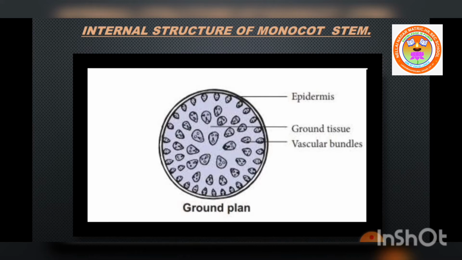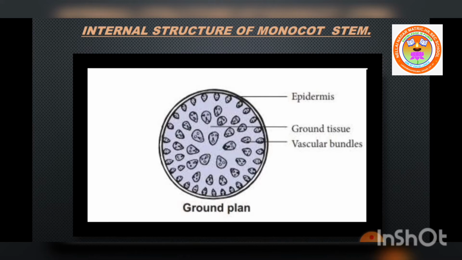So this is the ground plan of internal structure of monocot stem. Here we can see epidermis, outermost layer, then ground tissue and then vascular bundles. So monocot stem comprises three different types of tissue system: epidermal tissue system, ground tissue system, vascular tissue system. So epidermal tissue system: epidermis, cuticle, epidermal outgrowth, stomata.